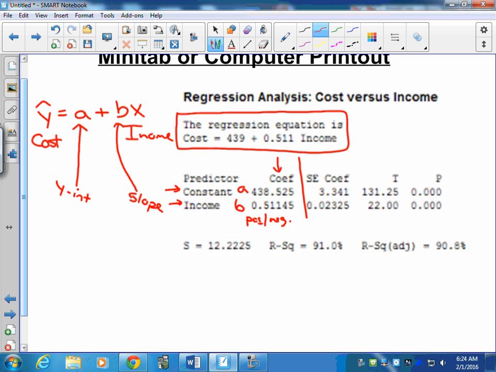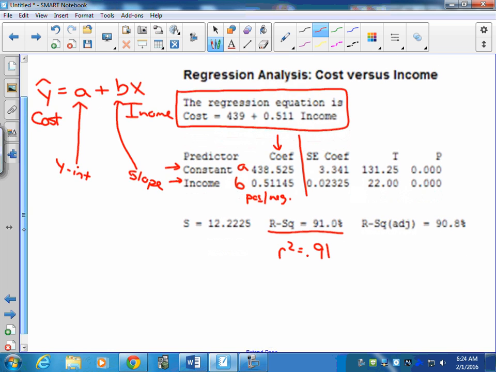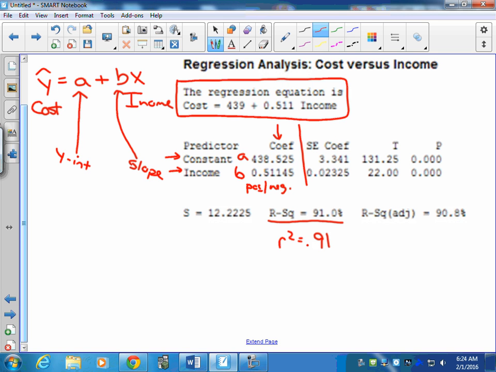Now the only other thing we need for this unit dealing with linear regression is the value at the bottom, the r squared value. We want to turn it into the decimal value so that we can work with it. Our r squared is 0.91.